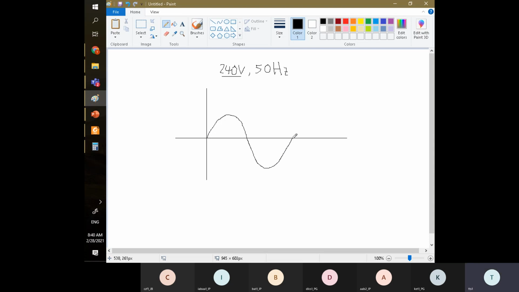Here's a sine wave. This sine wave has a positive peak, the maximum point, sometimes called Vm or Vp. This one is negative, here is negative Vm.